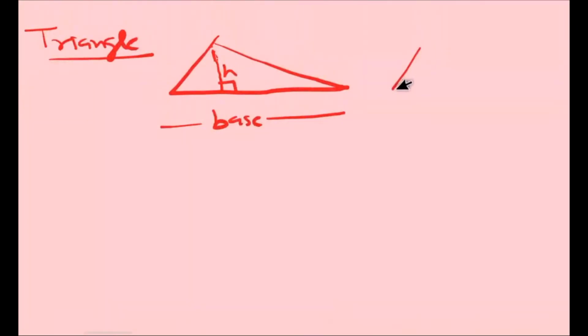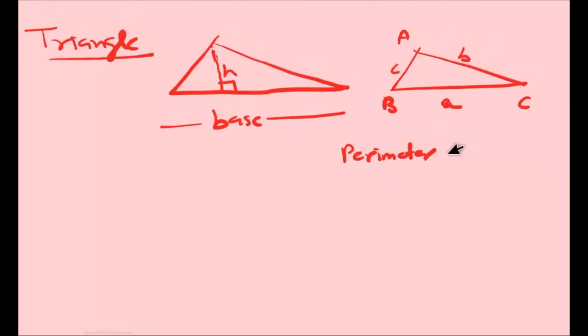Let the name of the triangle be ABC. Then the length of this side is let a, the length of this side is b, the length of this side is c. Then perimeter equals AB plus BC plus CA. AB is denoted by c, and BC is denoted by a, and CA is denoted by b.